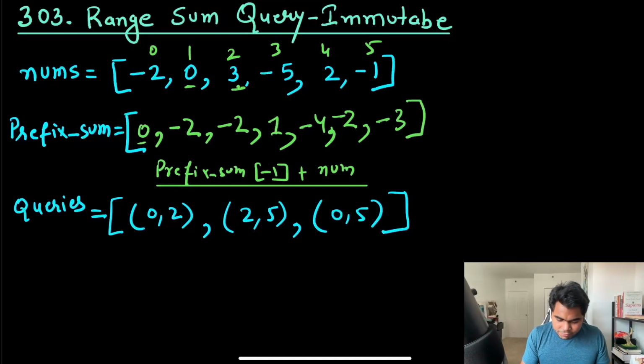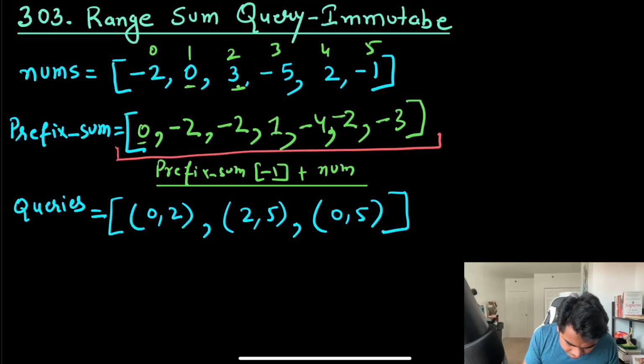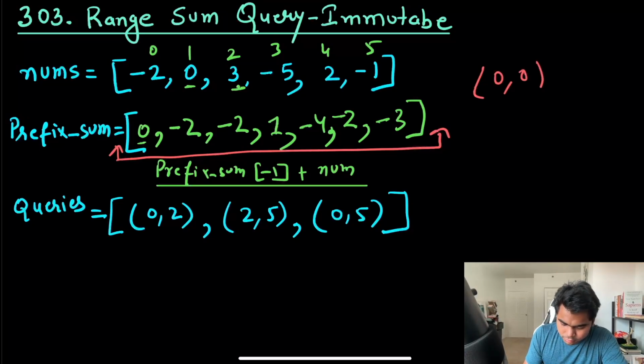So now this prefix that I have right now here, let's say somebody was asking me, give me the sum of the query from 0 to 0. So left index is 0 and right index is also 0.